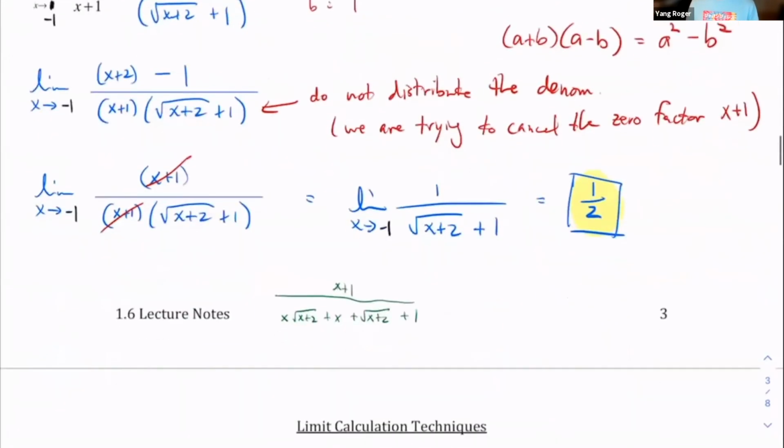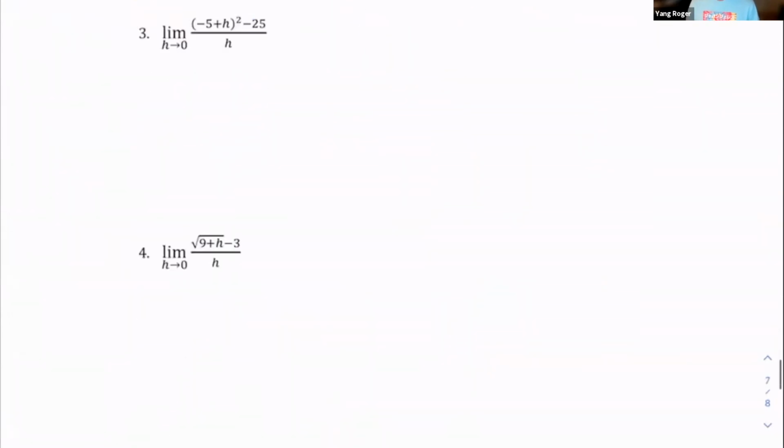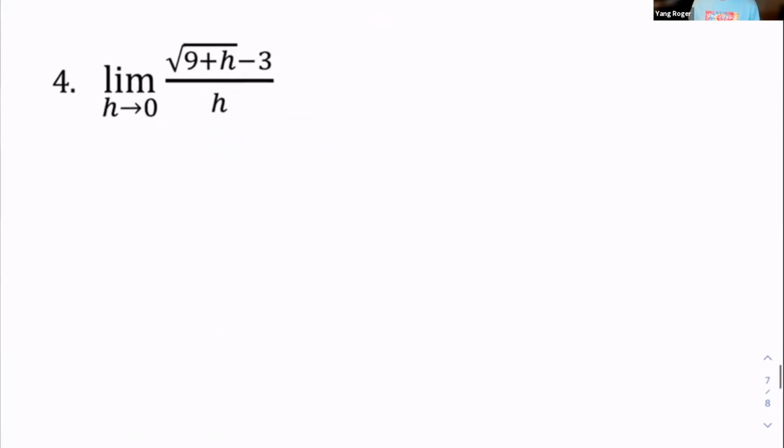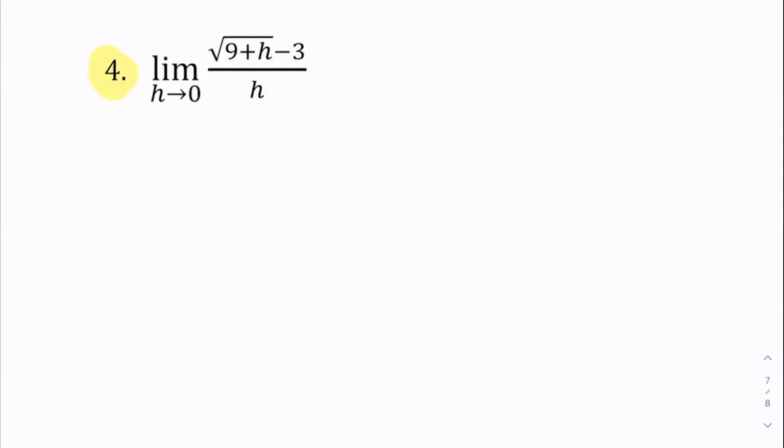Well, I think this will be clear if you guys try one. So why don't you guys go to this classwork and try number 4. That would be the second. The first thing I would do is I try to plug in the 0 for h.